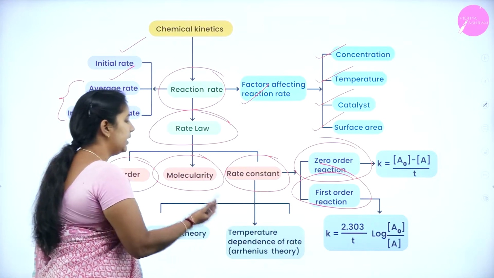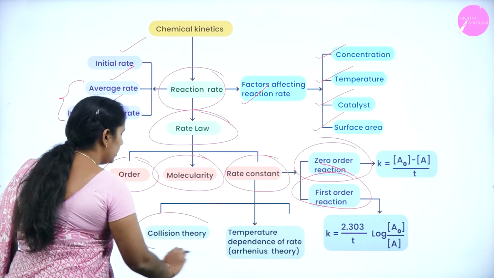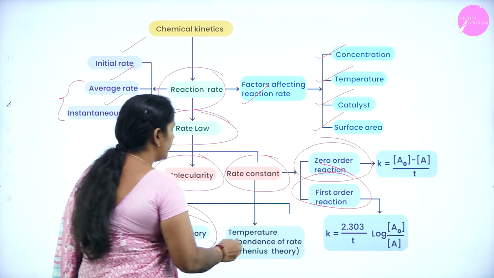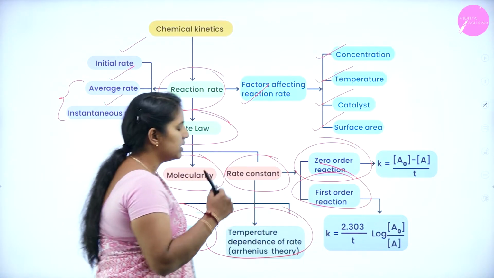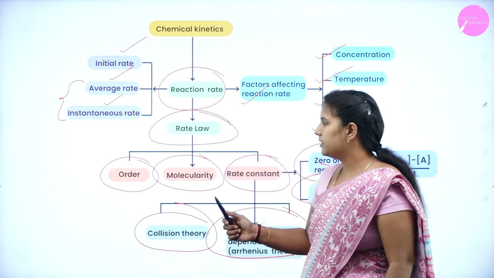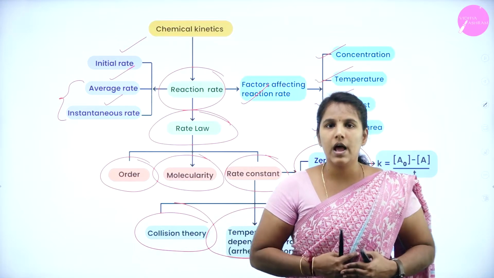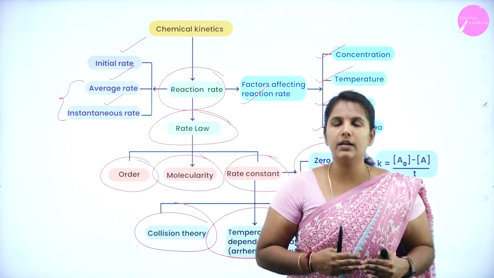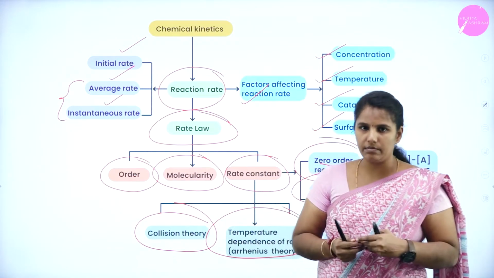And finally, we are also going to discuss the collision theory, the temperature dependence of the rate, and the order of the reaction. This is how I made the mind mapping of this unit. Hope you all understood this mind mapping.